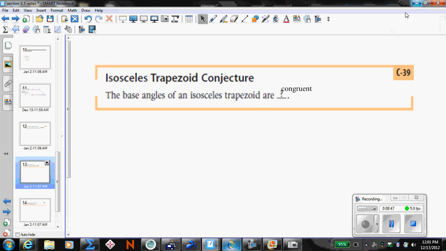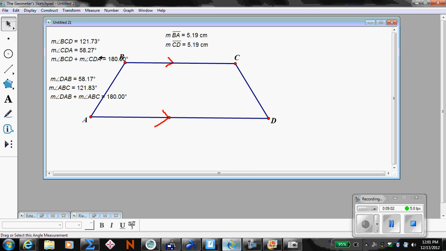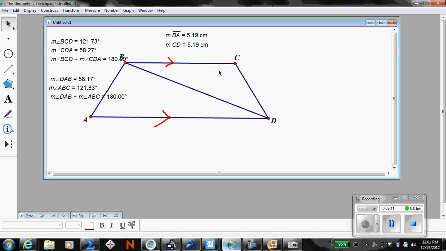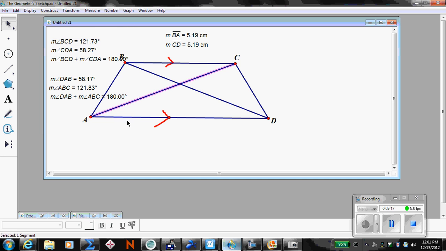And then our last conjecture having to do with trapezoids is about the diagonals. So the diagonals of an isosceles trapezoid are blank. Well, let's see what happens. If I go back into this trapezoid and I construct a diagonal between B and D, and then I construct the other diagonal, and then let's measure them.